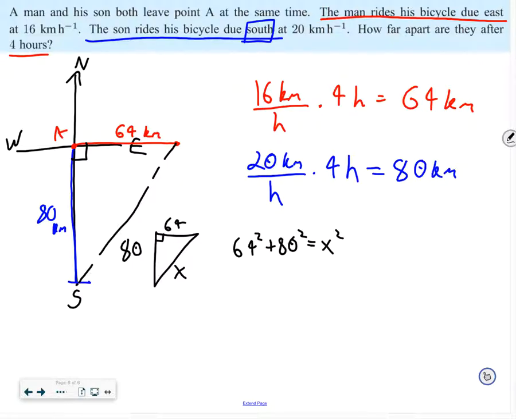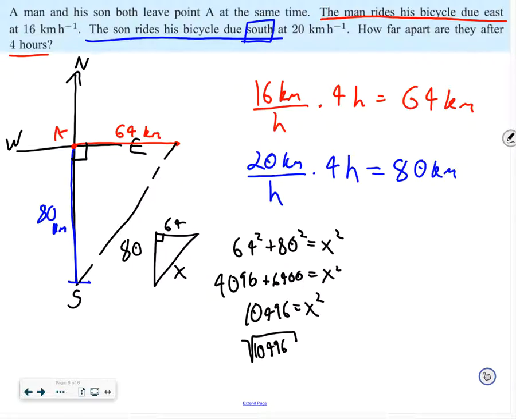64 squared is 4,096. 80 squared is 6,400, which is equal to x squared. We add those together and we get 10,496 equals x squared. So the square root of 10,496 is equal to x.